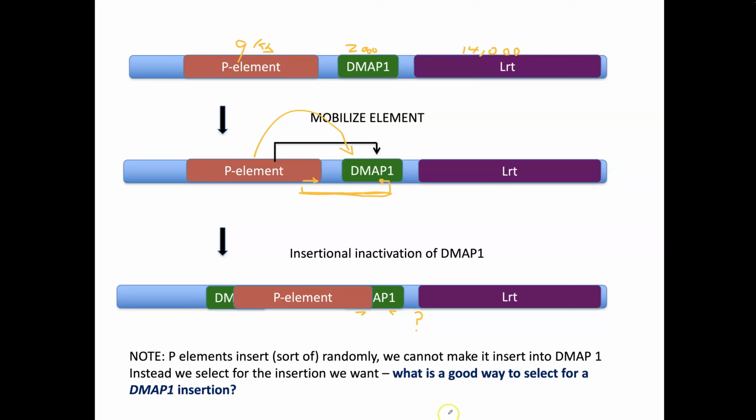If you think about chromosome 2, that's got around 8,000 genes on it, we don't want the P-element to insert all over and then find hundreds and hundreds of chromosomes that are homozygous lethal and then have to test each one to find out if it's got an insert in DMAP1 or not. We can use the deletions we made in a previous class, which I will explain in a minute, to select for the ones we want.